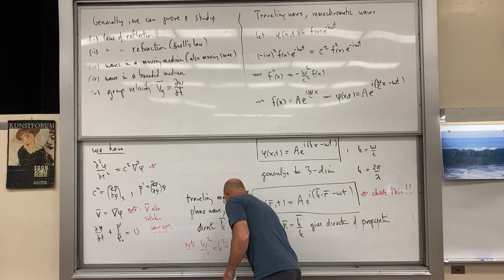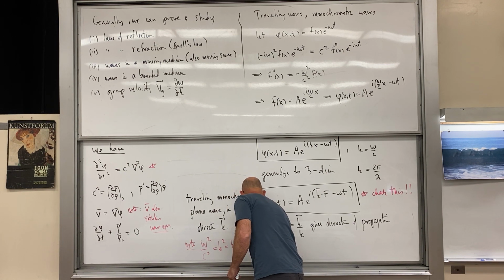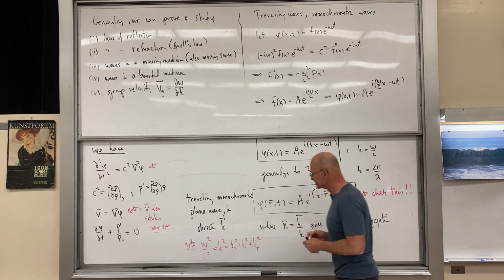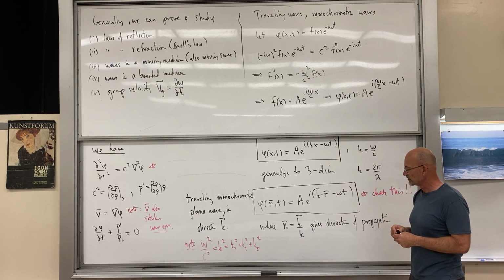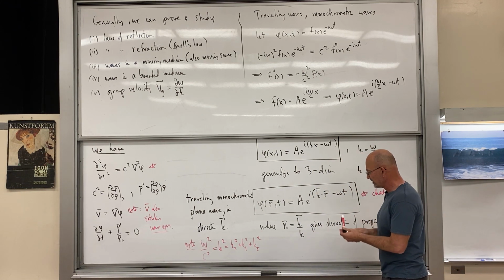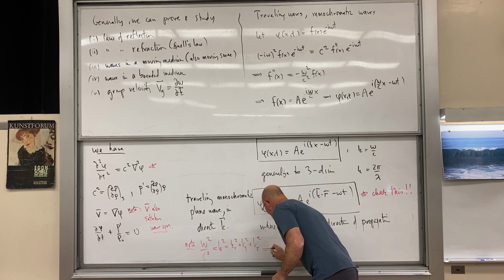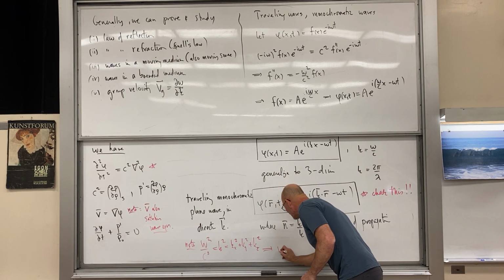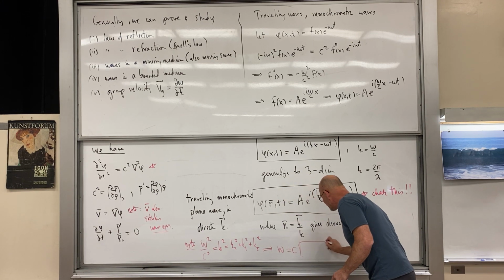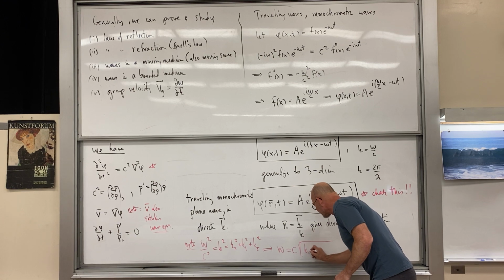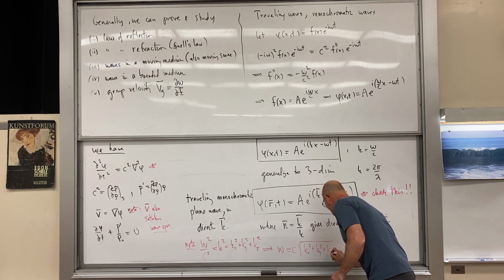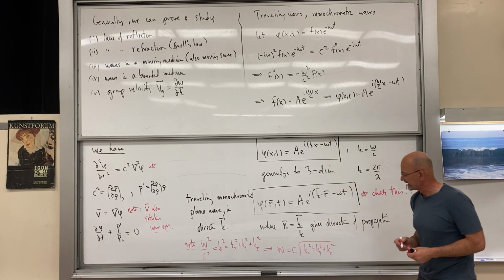That's k sub x squared plus k sub y squared plus k sub z squared. And since we're going to use this, I'm going to go ahead and write it out. So you could also say omega is equal to c square root of kx squared plus ky squared plus kz squared, like that.